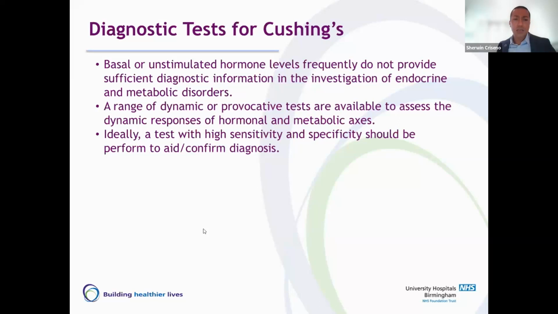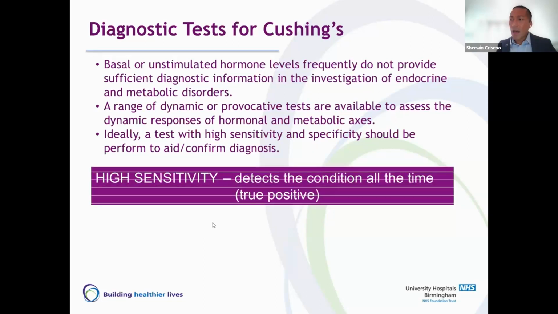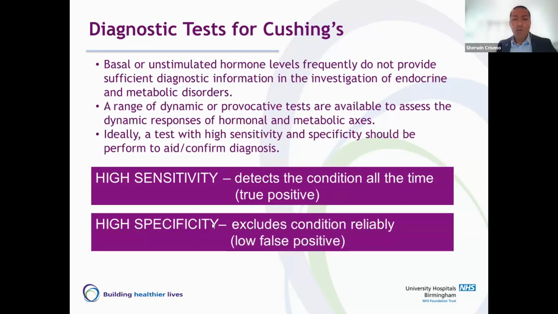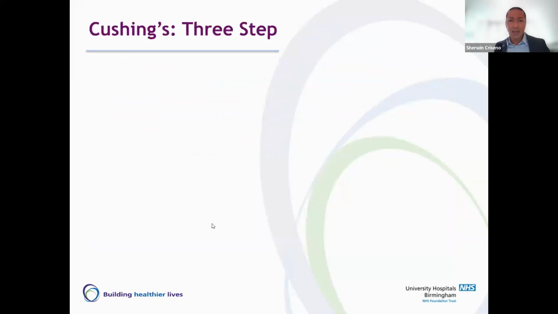We need to do stimulation or suppression tests to identify whether the patient is underproducing or overproducing cortisol. However, as Professor Karavitaki mentioned, there is no single test with 100% sensitivity and 100% specificity. The sensitivity and specificity of different tests are variable, so we cannot rely on one single test to identify this very challenging disease.